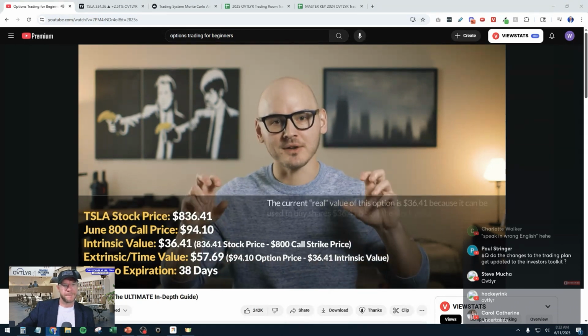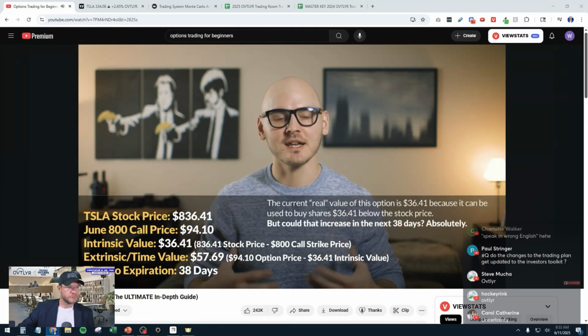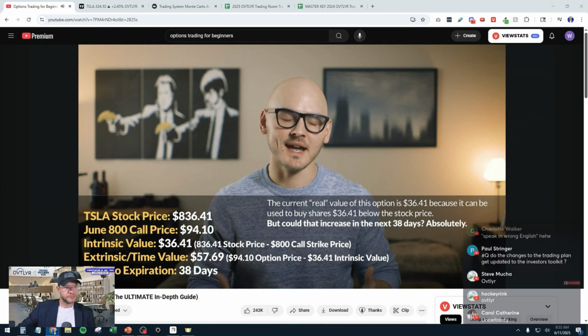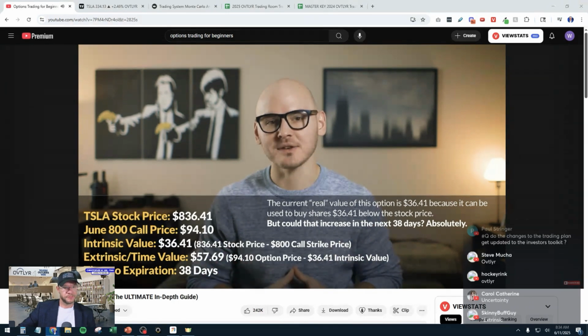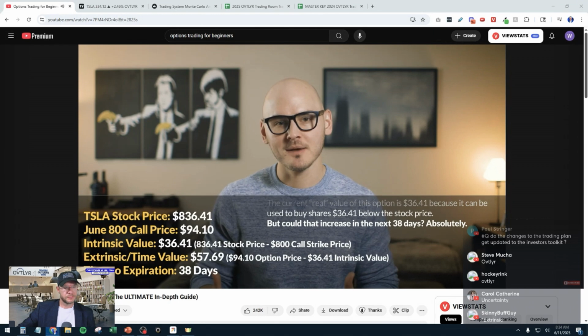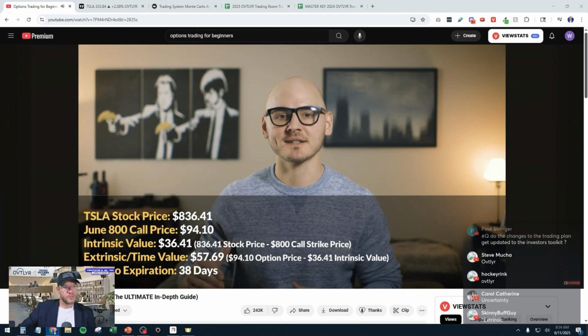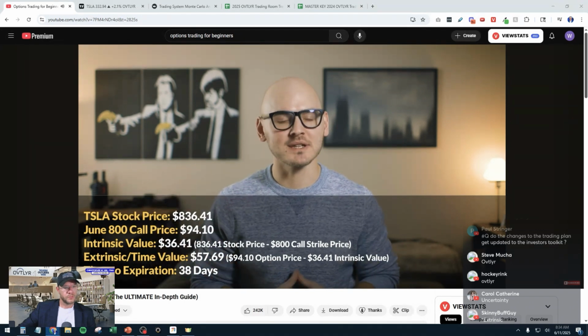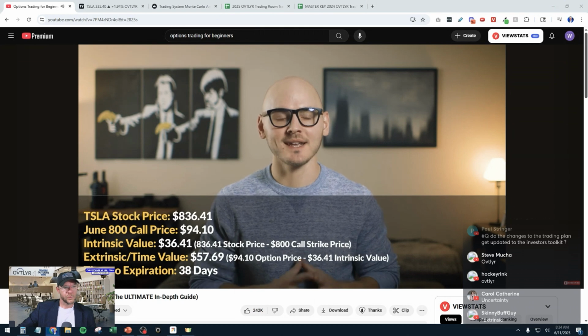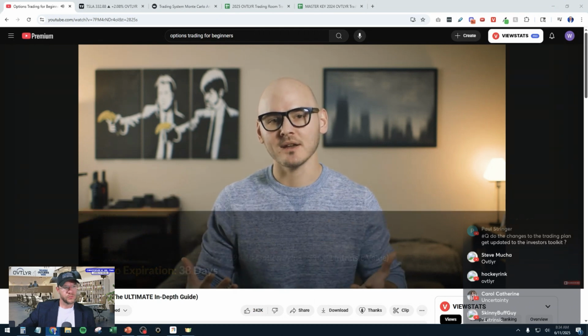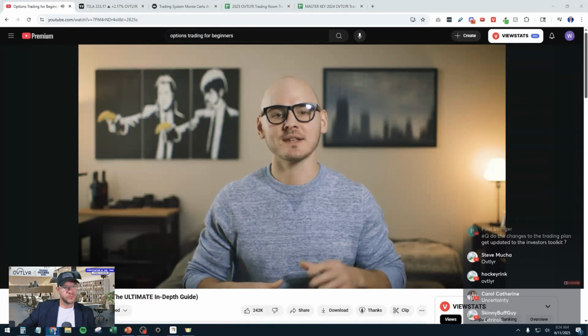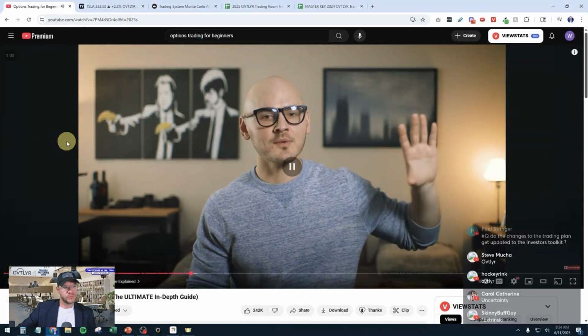The current real value or intrinsic value of this call option is only $36.41 right now, but it has almost $60 of extrinsic value or time value, because with over 30 days left until this option expires, there is plenty of time left for Tesla to make a big upside movement, and that would leave this call option with significantly more intrinsic value. So you can think of an option's extrinsic value as the time value or the potential, the uncertainty value, for that option to become significantly more valuable through share price movements between now and expiration.